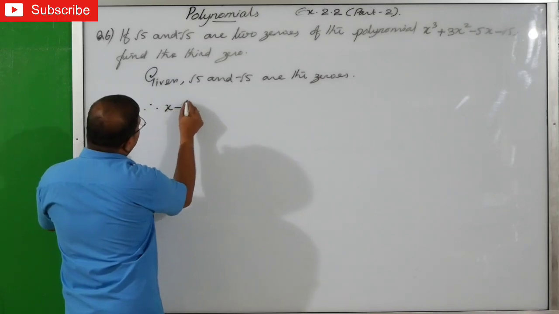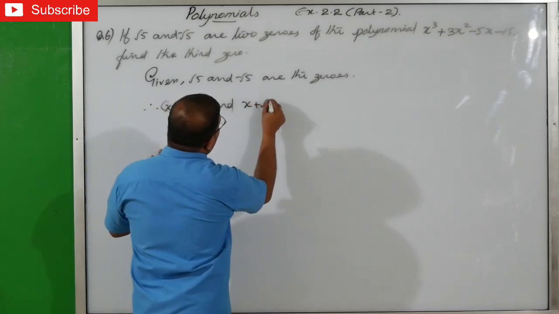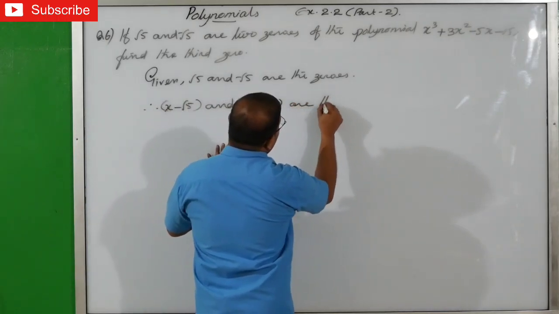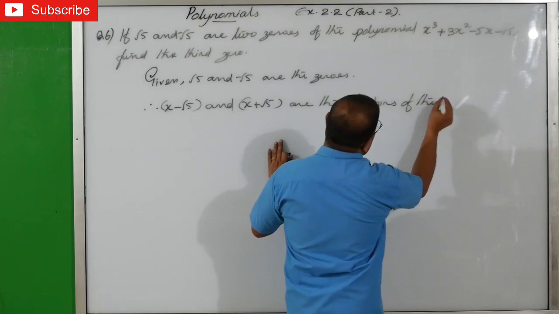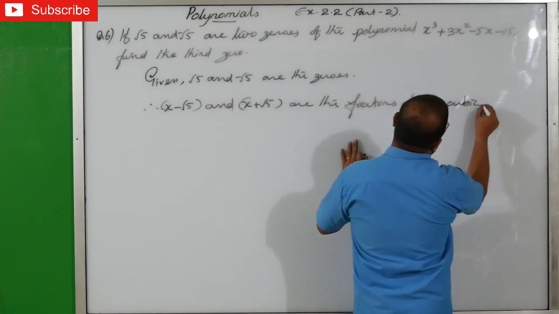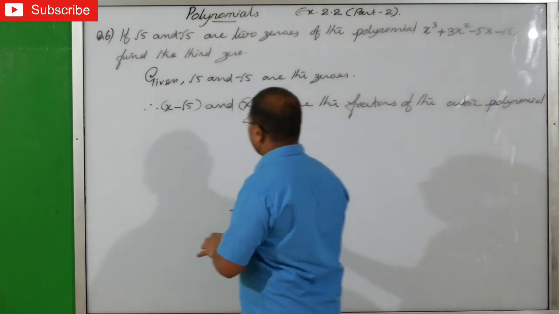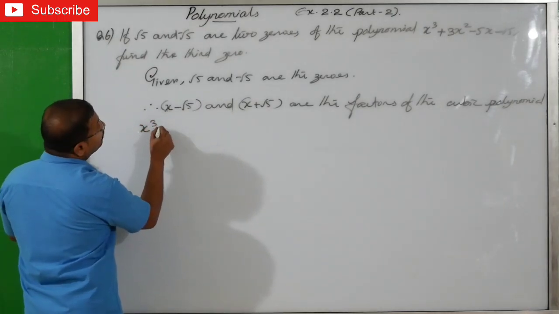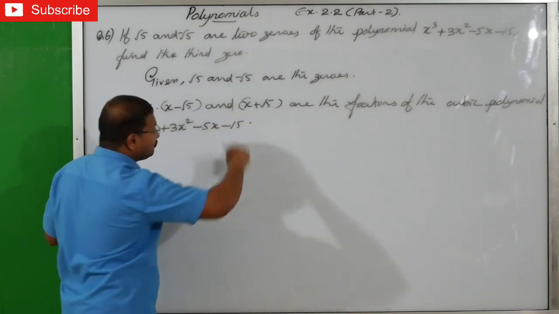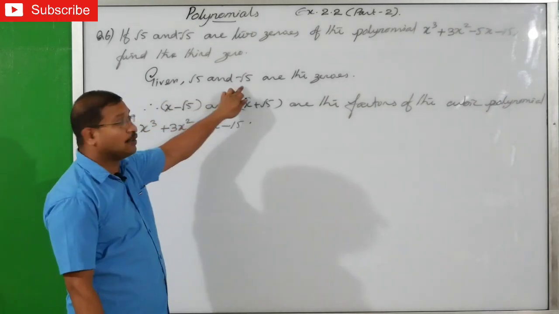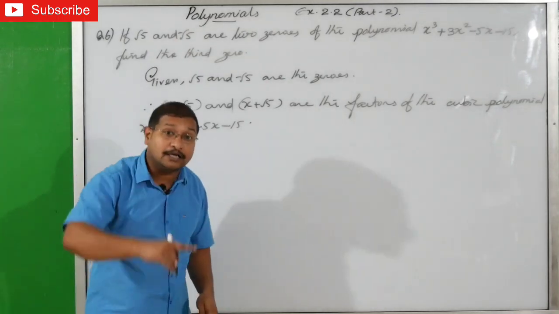Therefore, x minus root 5 and x plus root 5 are the factors of the cubic polynomial x cube plus 3x square minus 5x minus 15. Ready? That means if we get the zeros, that means what you will do? X minus that 0 will be the factors of the given polynomial.